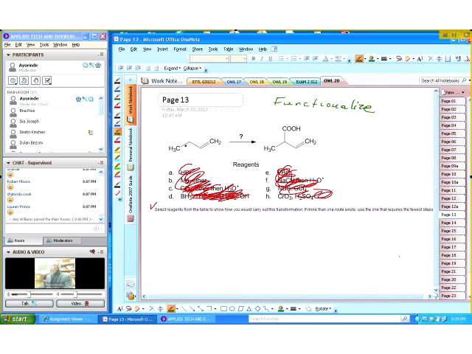In other words, by saying functionalize, give it some kind of leaving group, or add some atom to it that is not hydrogen or carbon at this point. Keep in mind we need to form a new carbon-carbon bond.